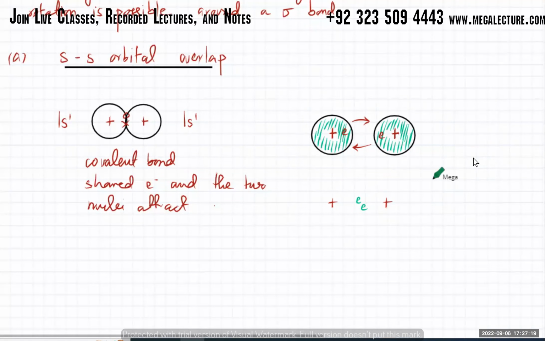That's the greatest probability of finding the electron. But the negative charge will be distributed, and the highest electron density would be in this middle part. That's where you'll have the maximum electron density.